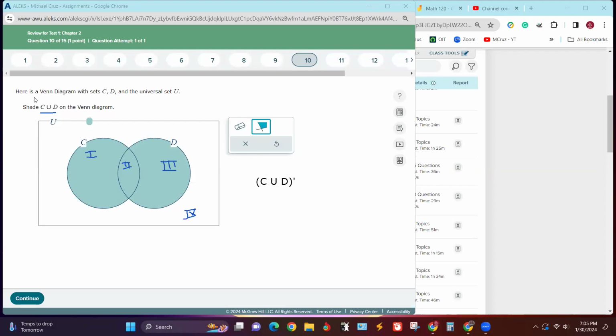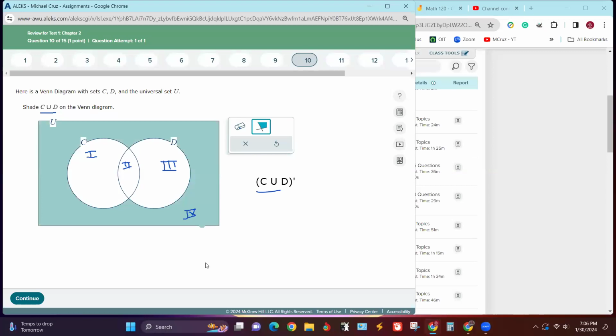This is one that I'm making up just to show you: it's the complement of the union of the two. So what gets shaded on this one, the C union D complement, is everything on the outside, because everything that's not C or D or both is shaded.